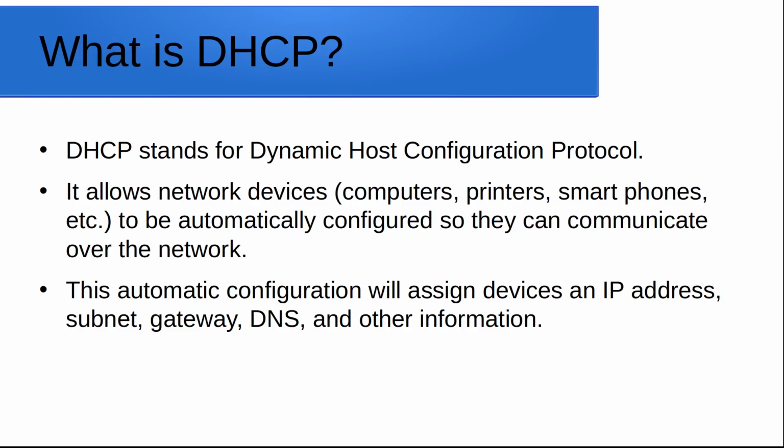As part of that automatic configuration, not only do they get an IP address and a subnet mask, it can pass along the default gateway and the IP addresses for DNS servers, because if they don't have one of those, they can't resolve anything. And other information too, like if they're part of a domain. DHCP servers can pass that information along to the devices. It's a useful thing.